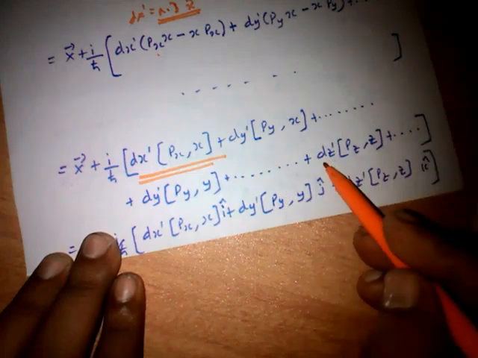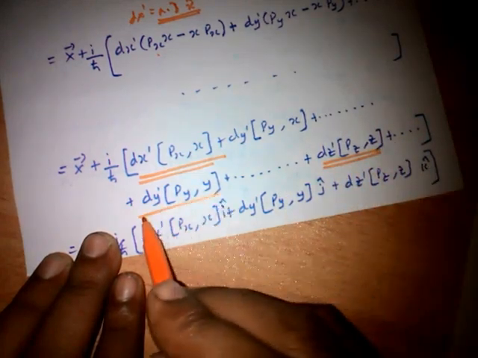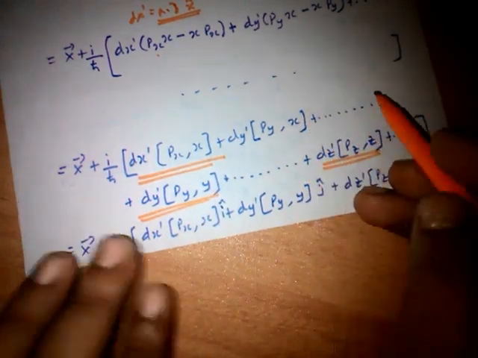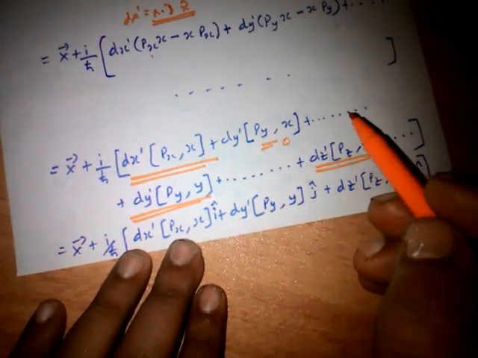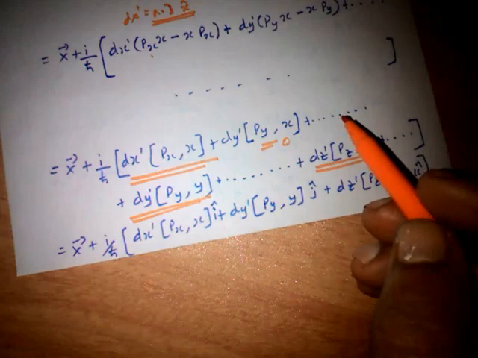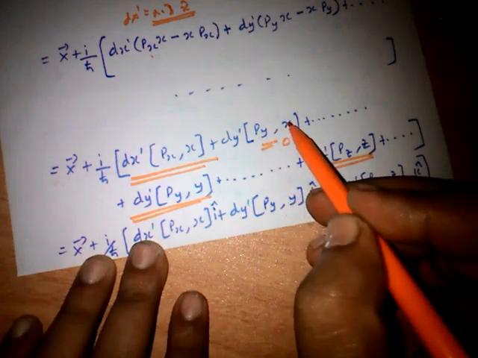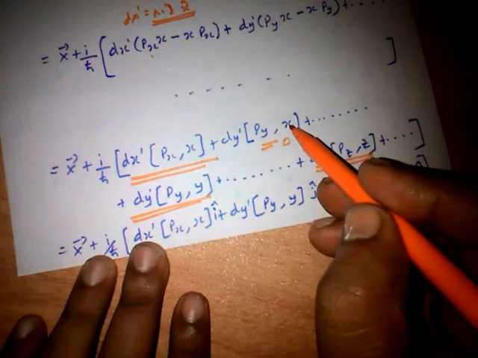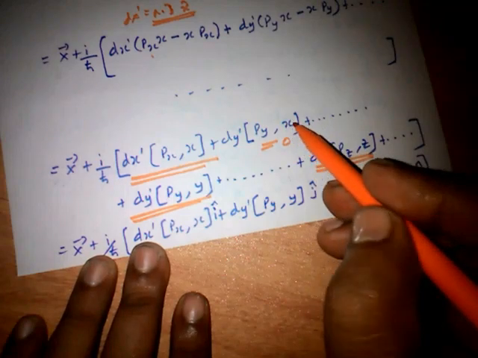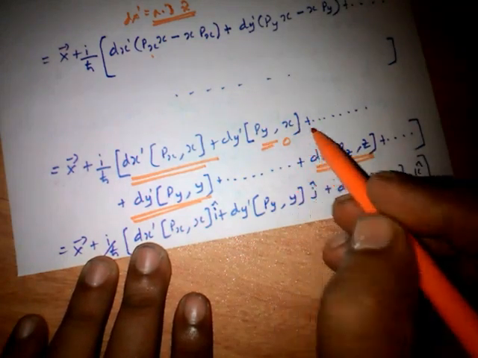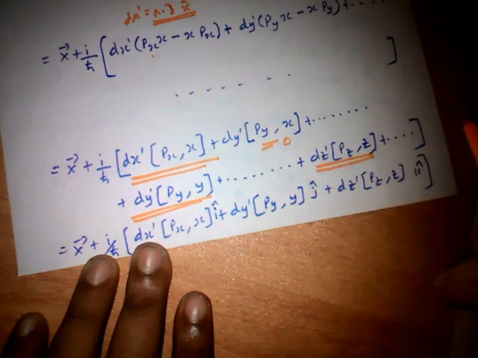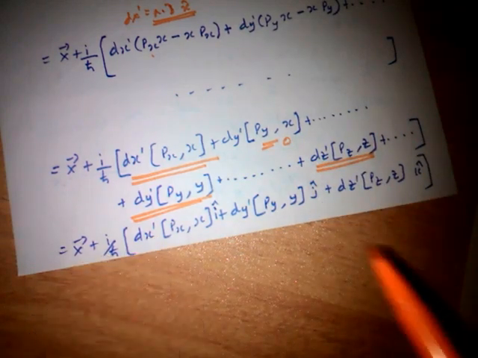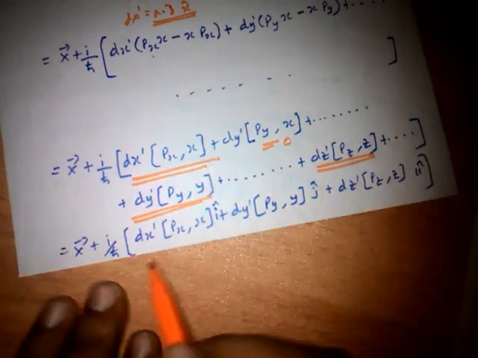The rest of the terms will be equal to 0 because, for example, [py, x] is equal to 0. We have learned commutator brackets: this is the y component of momentum and this is the x component of position, and this will be 0 when they commute. So the remaining three terms are there.